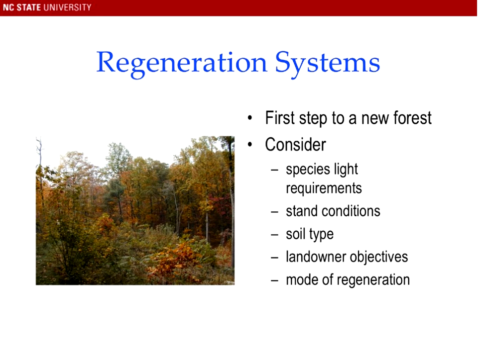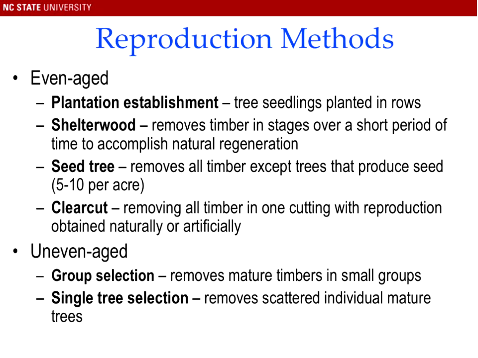A regeneration system and its choice is the first step to a new forest, and it should consider things like species light requirements of the target species, stand conditions, the soil types, the objectives of the landowner, and the mode of regeneration. And we'll talk about modes of regeneration a little bit later.